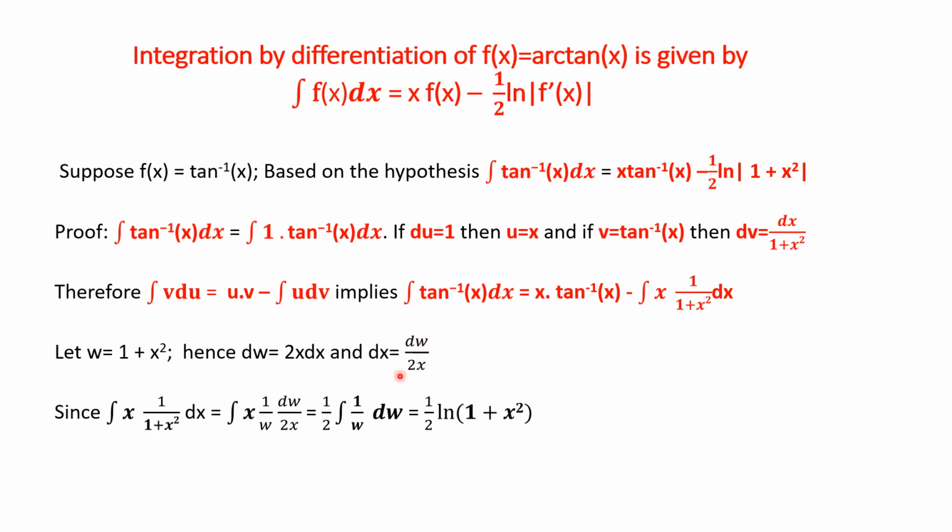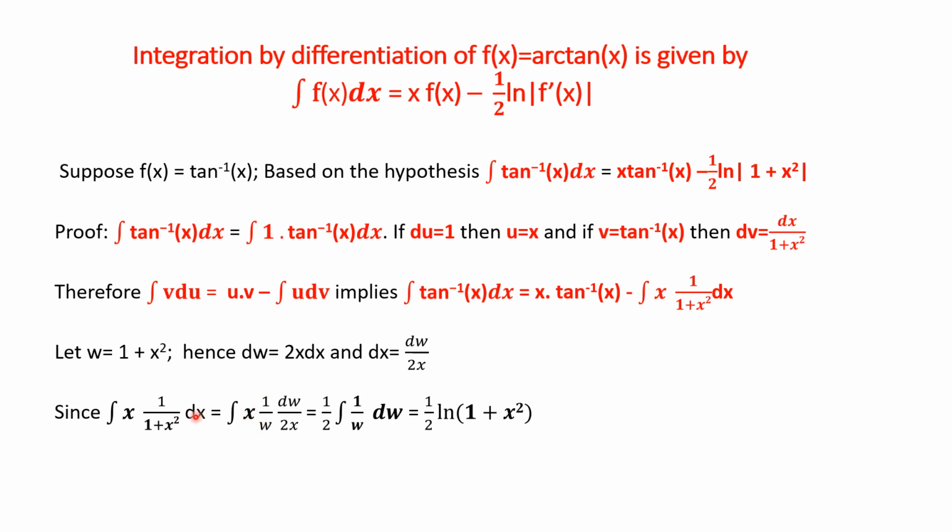Now we could just go ahead and plug it in. So the integration of x multiplied by 1 divided by 1 plus x squared dx is equal to the integration of x multiplied by 1 divided by w instead of 1 plus x squared, because we said w is equal to 1 plus x squared.